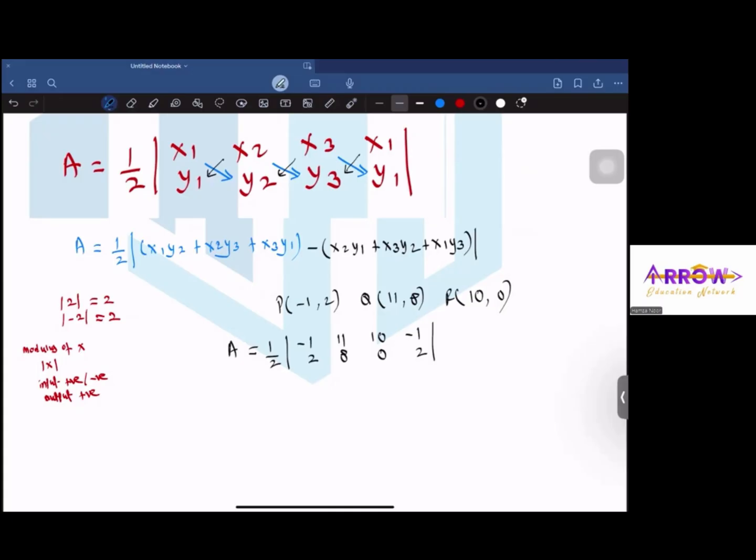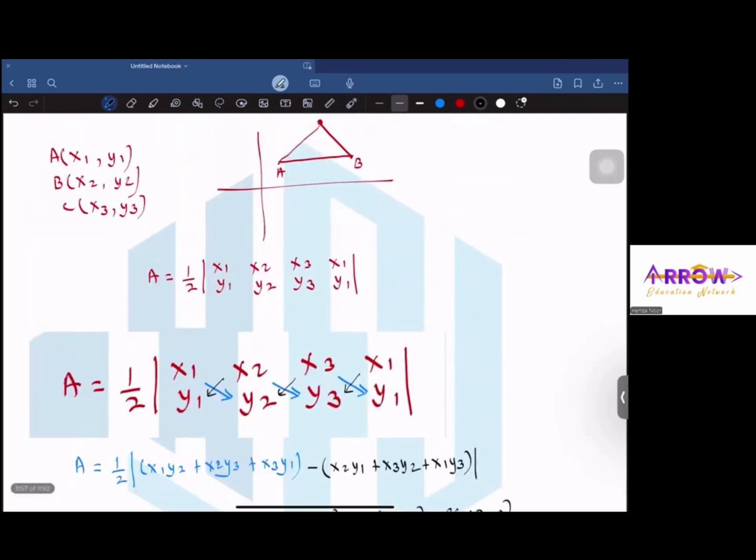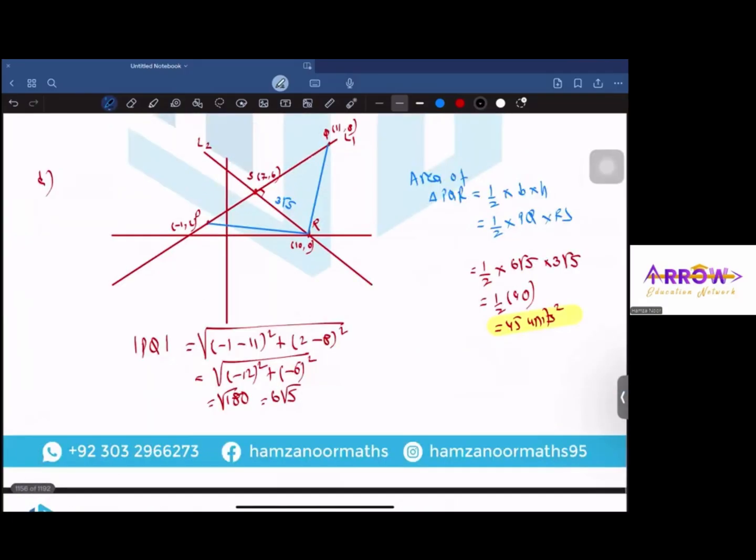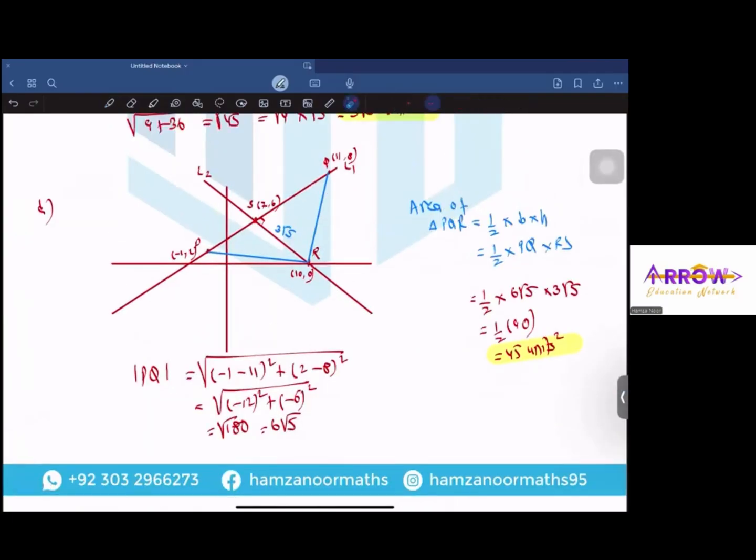All right. So from whichever point you are starting, you have to come back to that particular point. In this case, I have started from P, then I wrote point Q, then R, and then P again, the starting point again.